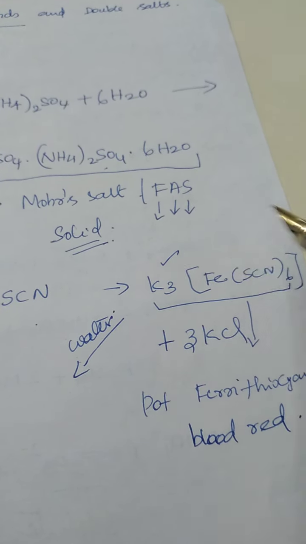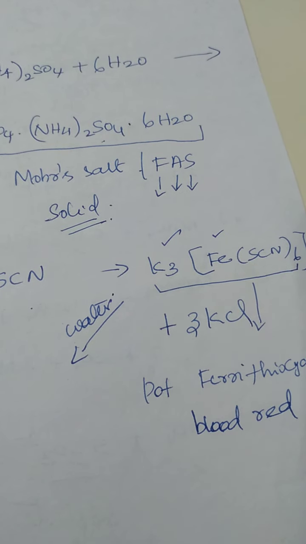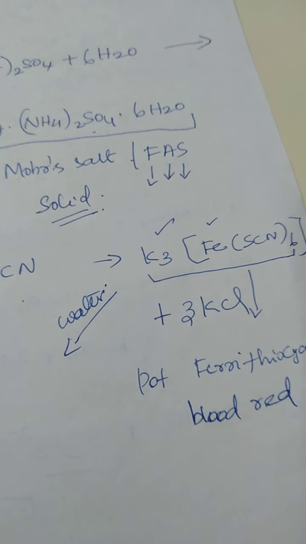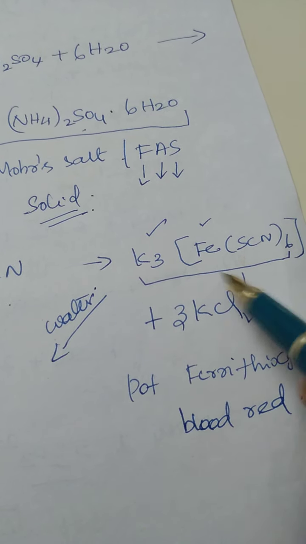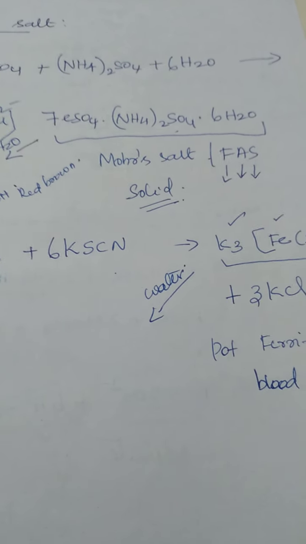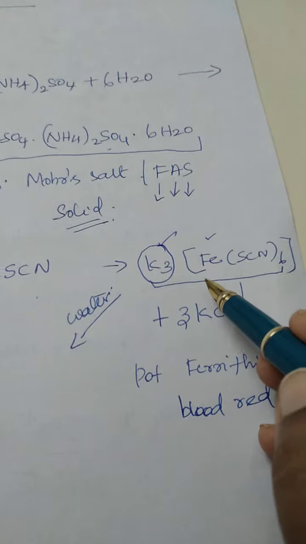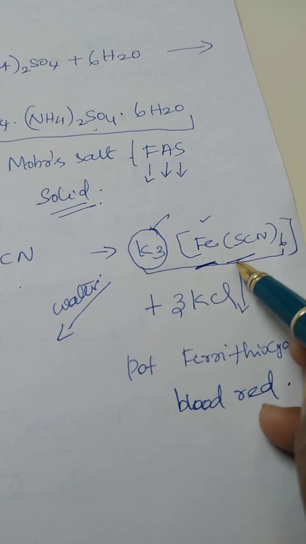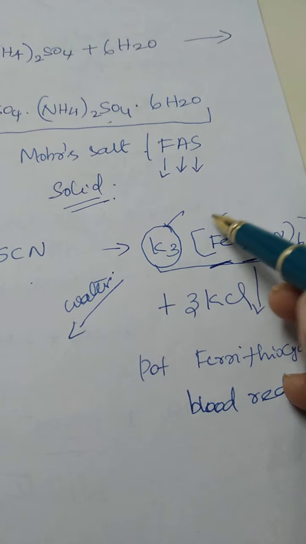K gives K+, Fe gives the ferric ion Fe3+, as well as SCN-. They were expecting this product. But when they did the test, it answered only for K+. It does not answer for ferric as well as thiocyanate.